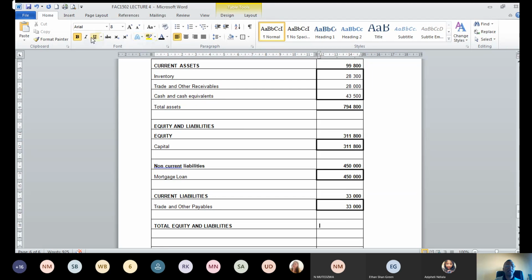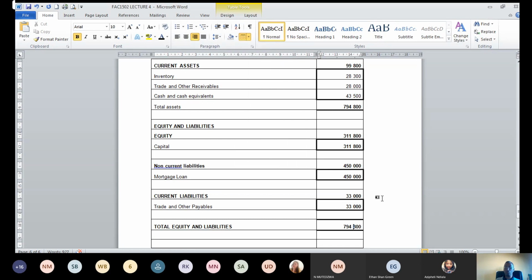Your total equity and liabilities will now therefore consist of your equity, which is the amount of 311,800, plus your non-current liabilities of 450,000, plus your current liabilities of 33,000 Rand, and that will give you a total of 794,800 Rand, which you will indicate then as the answer for the bottom section.